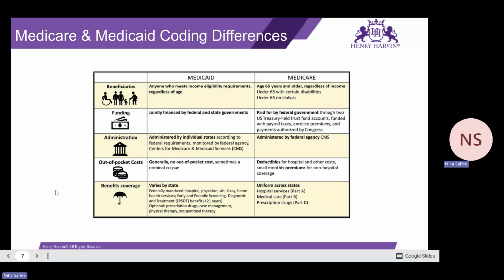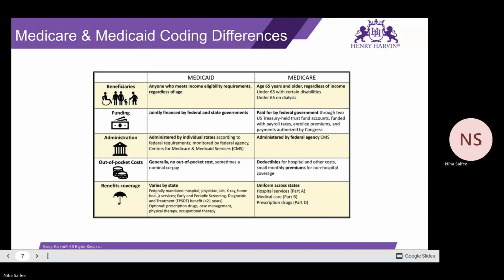Benefits coverage varies by state because it is monitored by the state. Whatever policies and regulations each state has, depending on the state, they can entitle the patients for benefits.